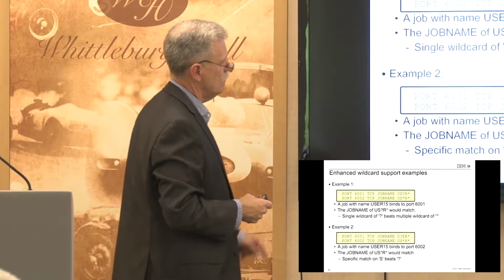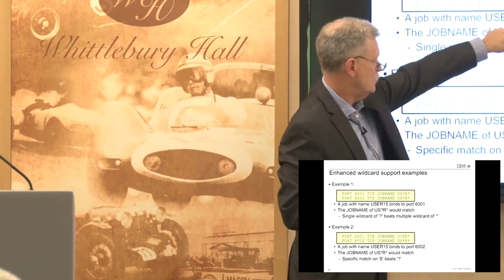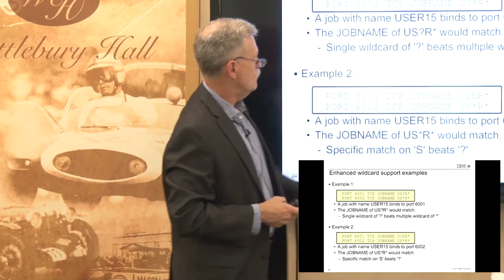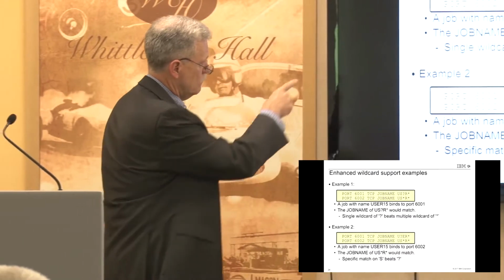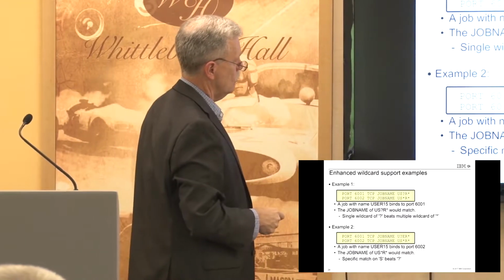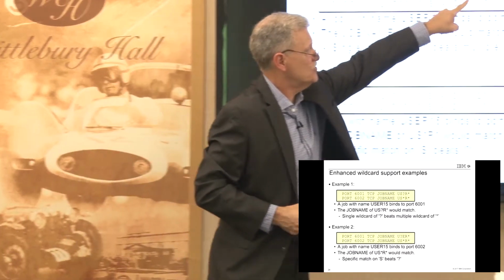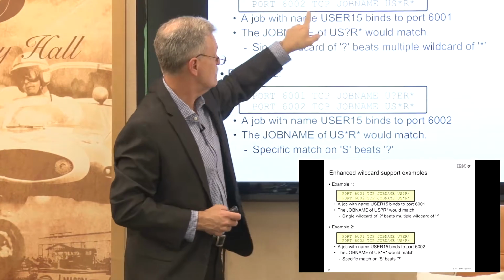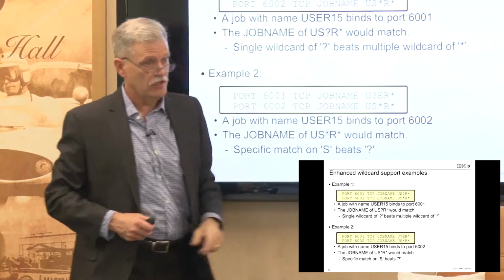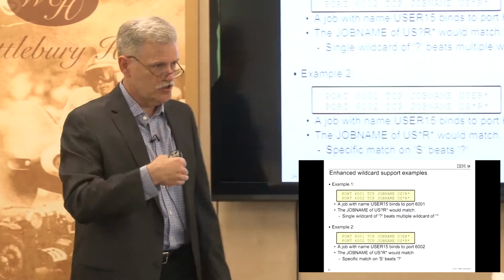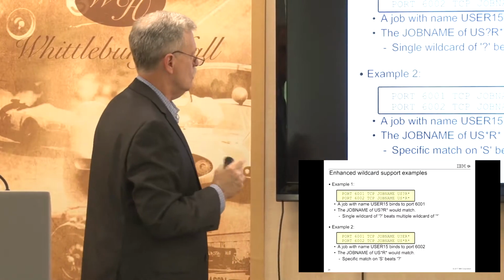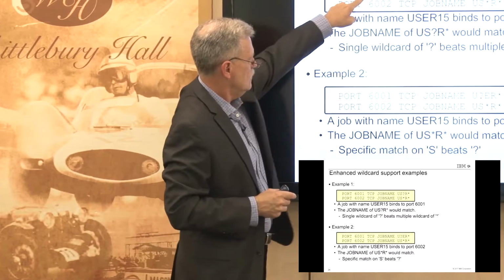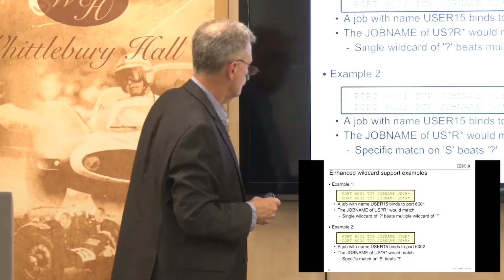U matches, S matches, and then when we get to the question mark, user 15 is a closer match to 6001, because question mark takes precedence over the other one, which is 6002 and more general, since it could be multiple characters. Going left to right, the first that's more specific selects the port number. In this example, we'll select 6001.